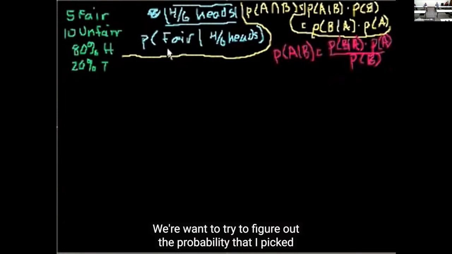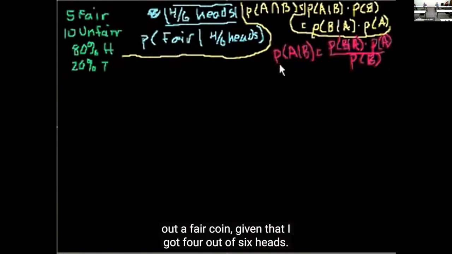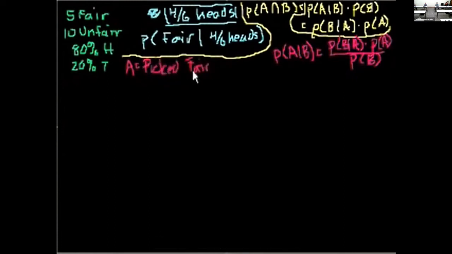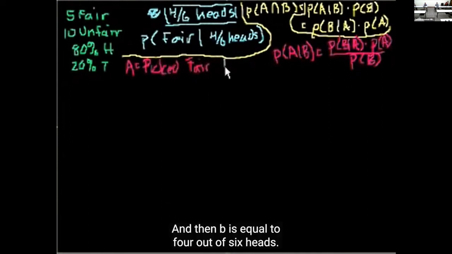We want to figure out the probability that I picked out a fair coin, given that I got 4 out of 6 heads. So in this situation, A is that I got a fair coin. A is equal to picked fair coin. And then B is equal to 4 out of 6.